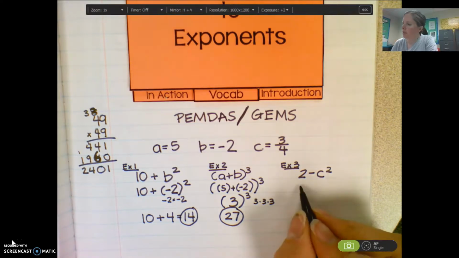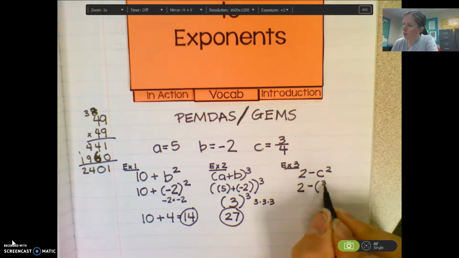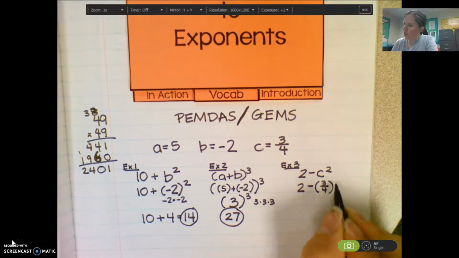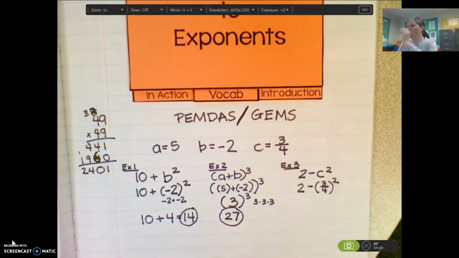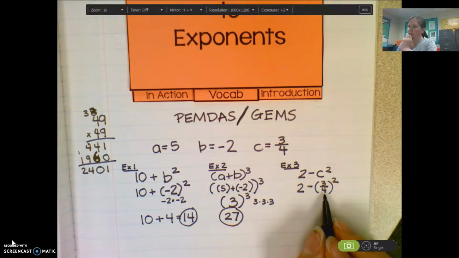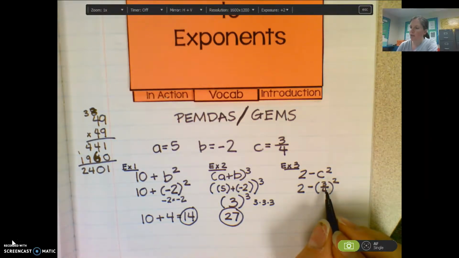For example 3, I'm going to plug in, again in parentheses, 3/4, and I'm going to be squaring 3/4. So thinking about order of operations, for parentheses, I just have 3/4 grouped together. There's not any operation to do inside of 3/4. So my next priority would be exponents.